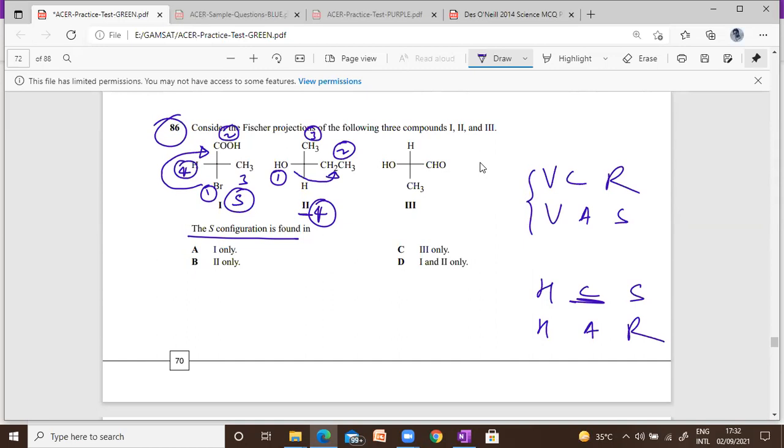So this is anticlockwise. So anticlockwise means S, again S. So first and second is definitely yes. So first only is wrong. Second only is wrong. First and second, third only, that is wrong also, because first and second is S. So D is the right choice. There is no need to check the third one.